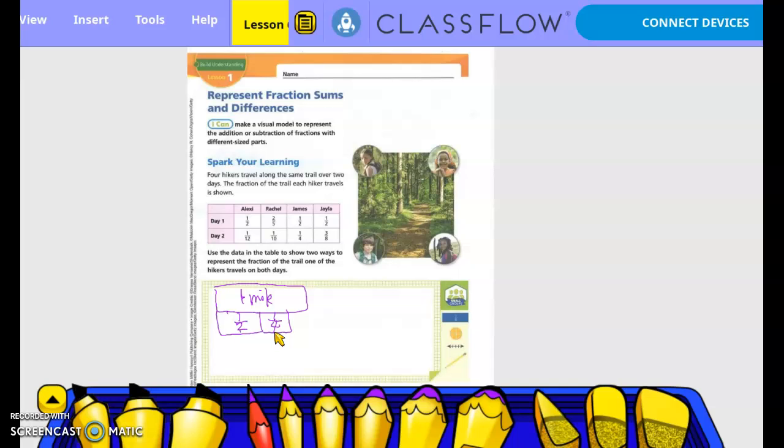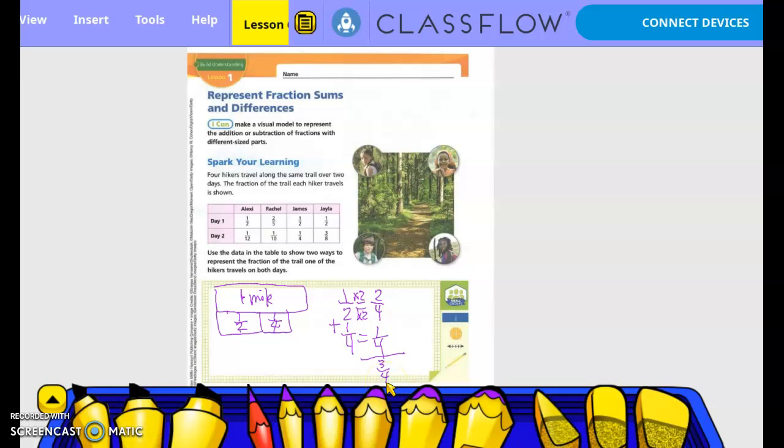No, because if I wanted to add 1/2 plus 1/4, I need a common denominator. What is my common denominator? 8. Or, yeah, we could do 4. How do I get from 2 to 4? Times 2. What I do on the bottom, I do on the top. And this one would stay the same, right? And we would get 3/4.